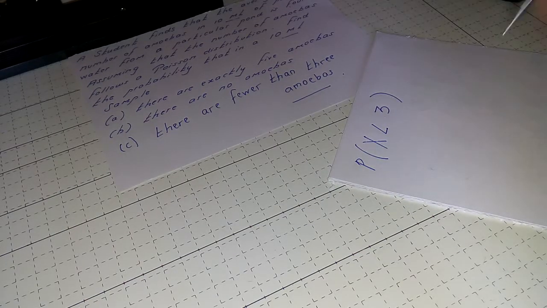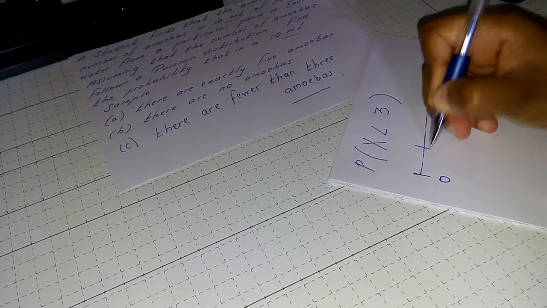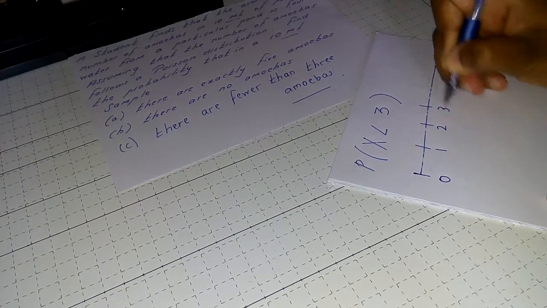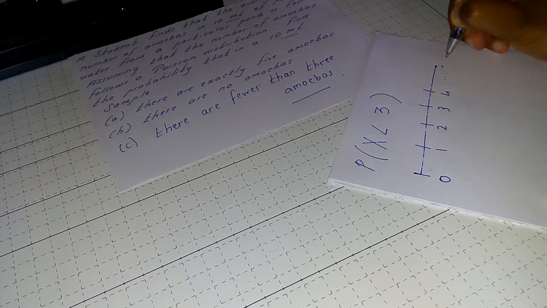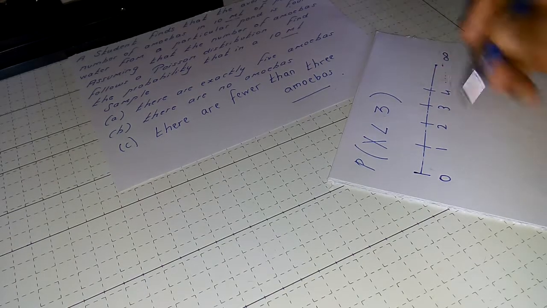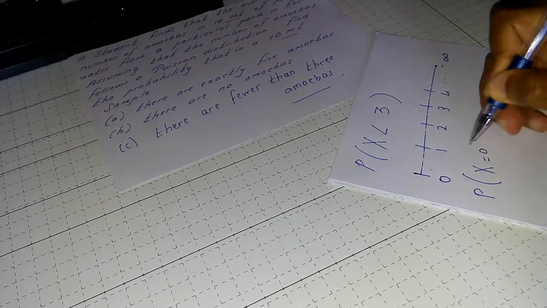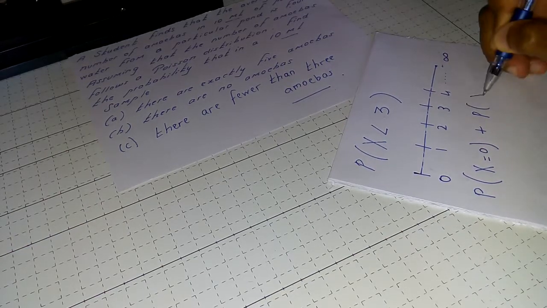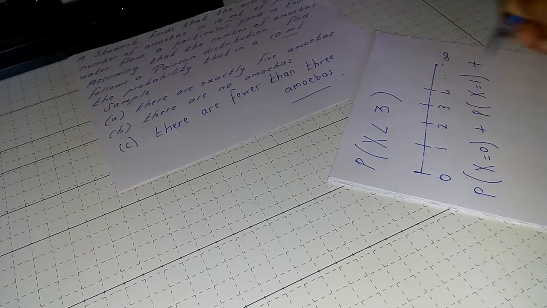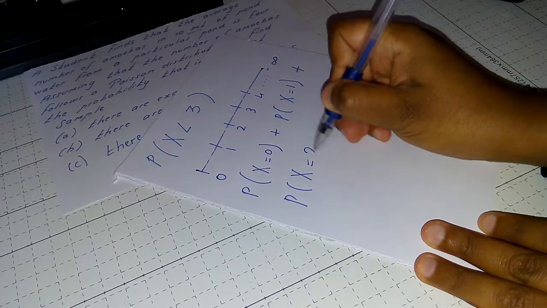Less than 3. So again, we start with what? Now we know the values go from 0, 1, 2, 3, 4, and it goes on up till infinity. Right. Now less than 3. Do we need to include 3 here? No. Less than 3, where 3 is not included. So we are going to take the probability of X is equal to 0 plus the probability of X is equal to 1 plus the probability of X is equal to 2.